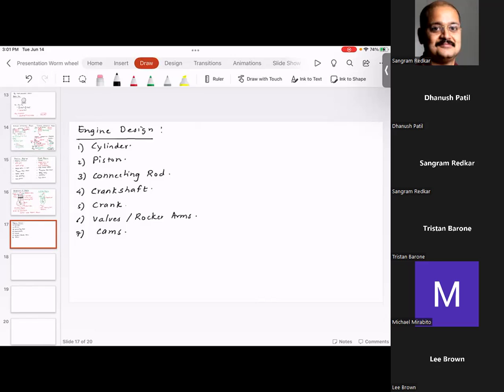Any questions at this point? So what I'm going to do is give you the design procedure step by step for different internal combustion engine parts, and then we will work out a problem.